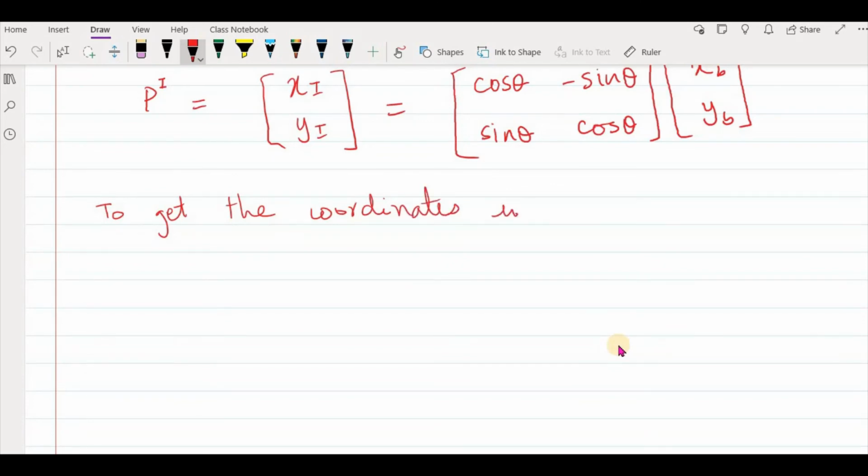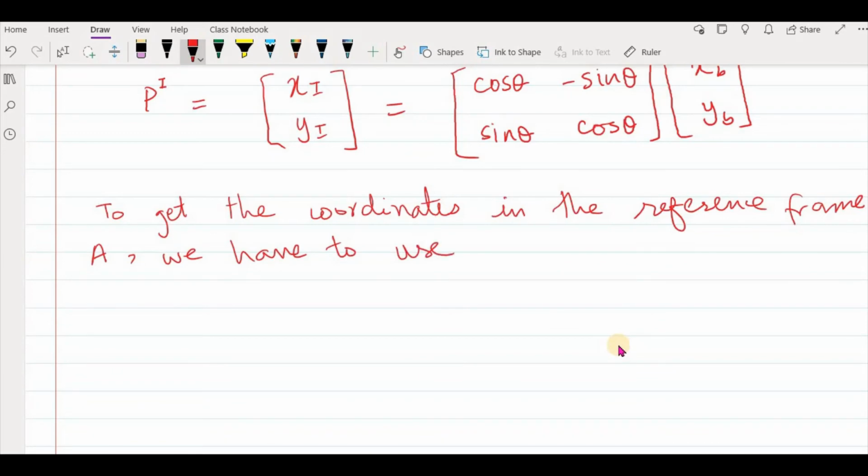To get the coordinates in the reference frame A, we have to use translation, and this is how we can use it.